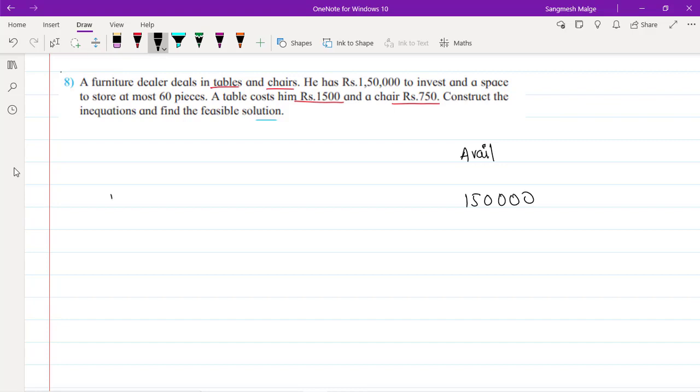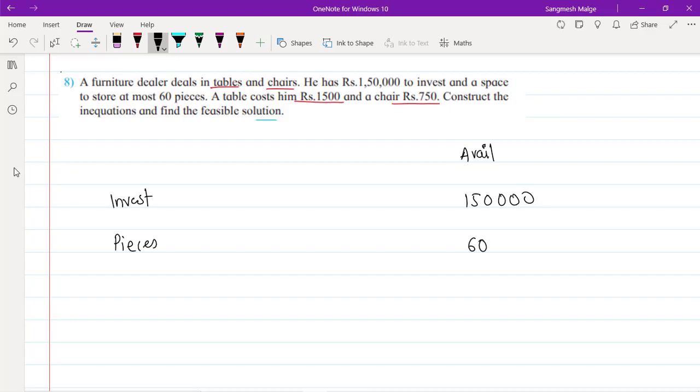Investment. Okay, so investment is what you get as the horizontal, and you get the store for the 60 pieces. So you get the store, which is the number of pieces, which is at most 60, and 1,50,000 should be the maximum amount the furniture dealer is investing.